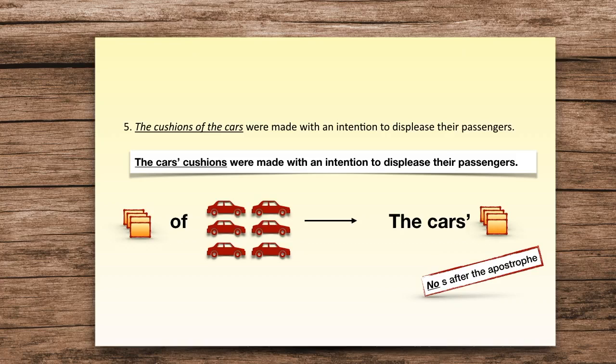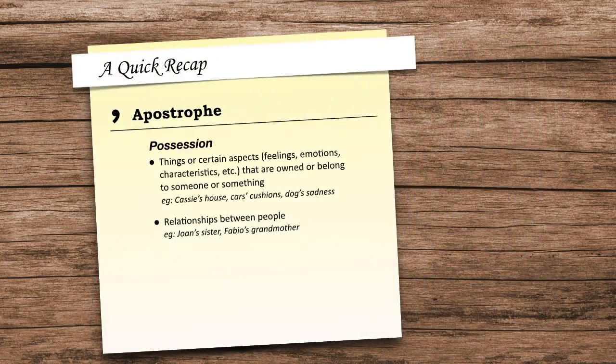Alright, so before we go, let's take a quick look at what we looked at in this session. We spoke about the apostrophe and how it can be used to indicate possession, and possession is something that you use to talk about things or aspects, feelings, emotions, characteristics, etc. that might be associated with a thing or an animal or an individual or a person.